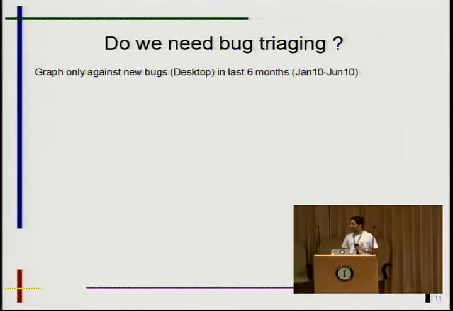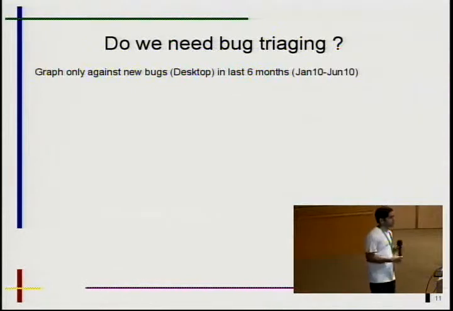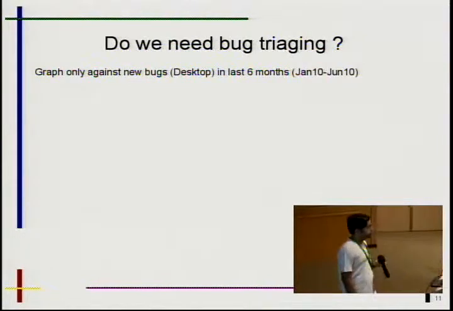In bug triaging, people don't usually come. So the question is, do we really need bug triaging? I have some graphs showing the status: do we really need more people in bug triaging, or does it have good scope going ahead or not?